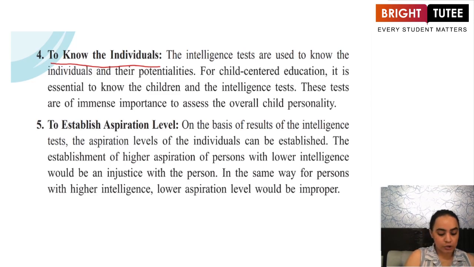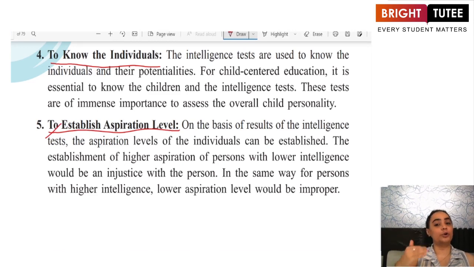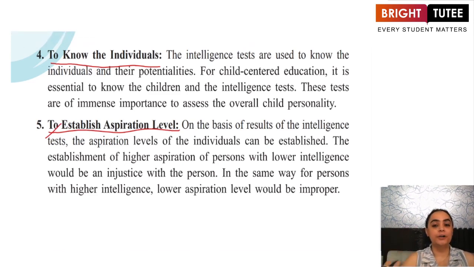Next is to establish aspiration level. What do you want to be? What do you desire to become in the future? So on the basis of your results of the intelligence tests, the aspiration level of the learners is also established.